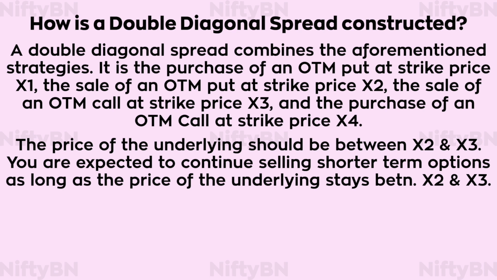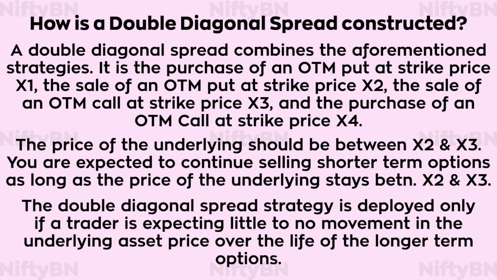The price of the underlying should be between X2 and X3. You are expected to continue selling shorter term options as long as the price of the underlying stays between X2 and X3. The double diagonal spread strategy is deployed only if a trader is expecting little to no movement in the underlying asset price over the life of the longer term options.